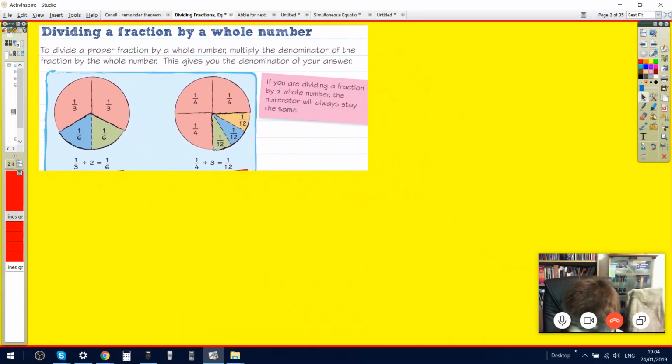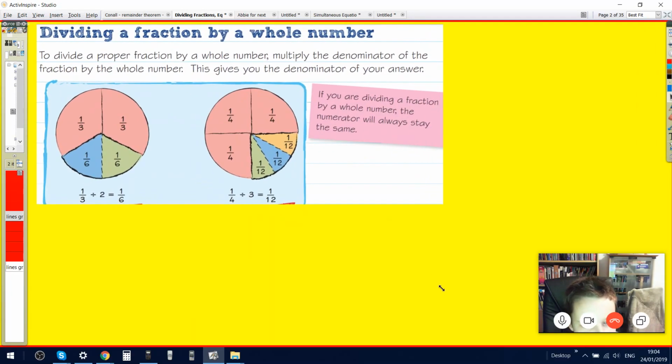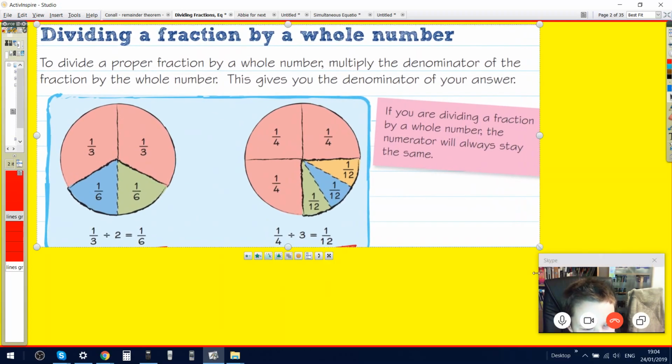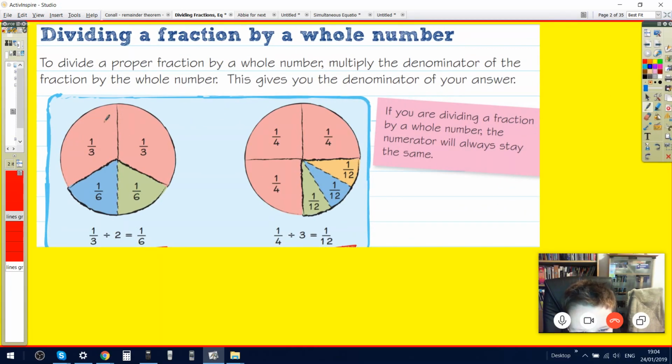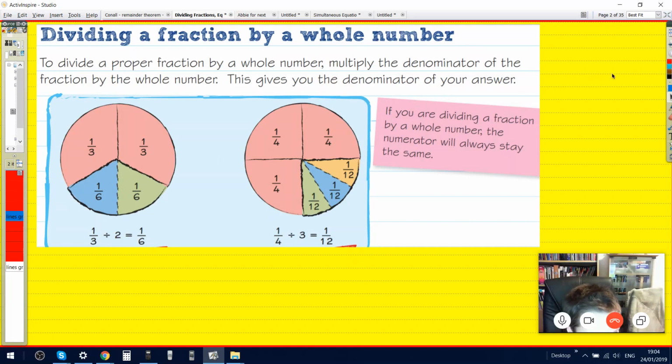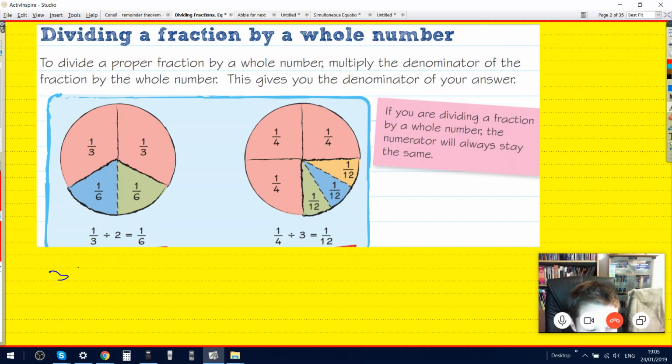So here we have some fractions. You can see the first one was thirds. If you have a third, a third, a third, they divided a third by 2 and they got a sixth. On the one on the right, well, you tell me, how do you go from having 3 and 2 to 6?